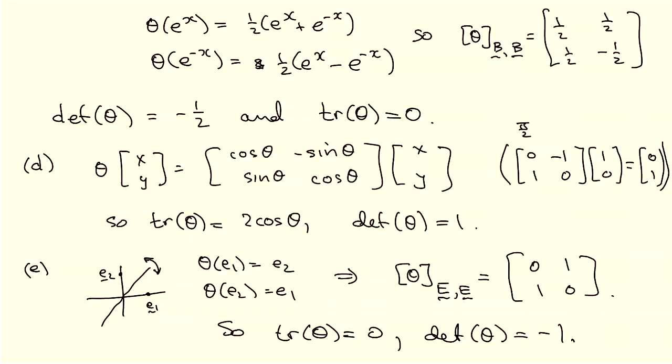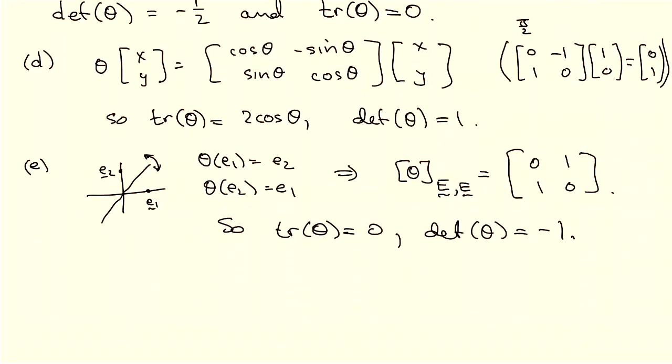Good. But now we'll do the next bit, which says composition of these two things. I guess the question's not well formed because it just says composition. There's an order that we can compose the things in, of course. And it won't matter for the trace because trace of AB equals trace of BA. It also won't matter for determinant because determinant of AB equals determinant of A times determinant of B. So even though the question is ambiguous about which order to compose, it doesn't matter for the trace nor the determinant.